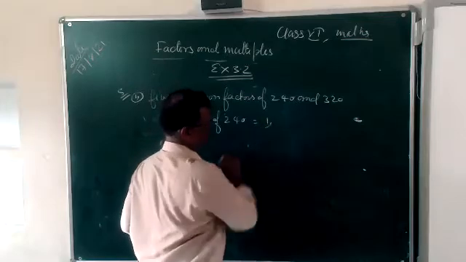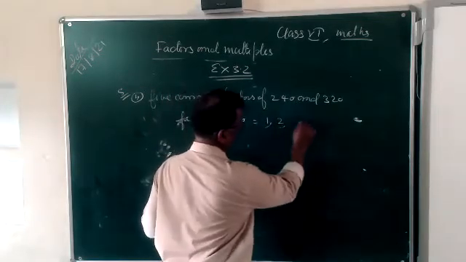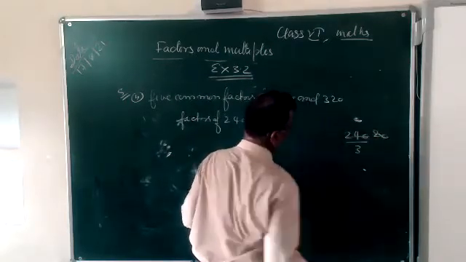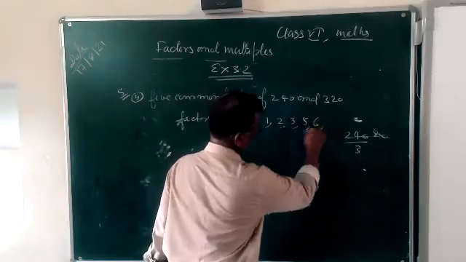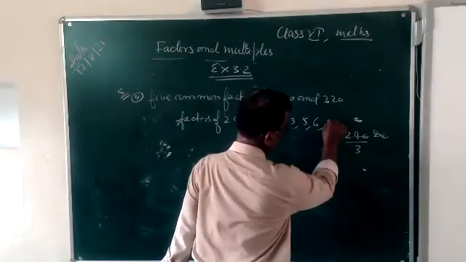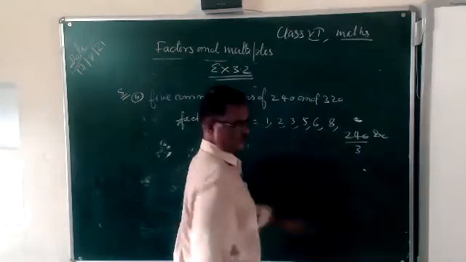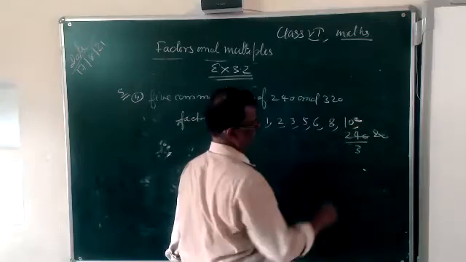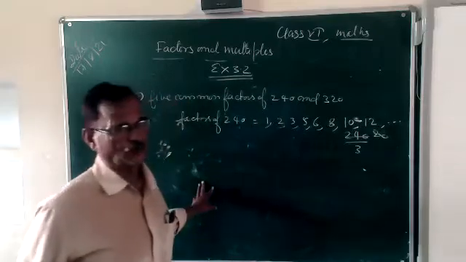So 1 divides, 1 is a factor, 2 also divides, 2 is also a factor, 3 also divides, 5 also divides, 6 also divides, 7 does not divide, 8 divides, 9 does not divide, 10 divides, 11 does not, 12 divides. This way, many factors you will get.